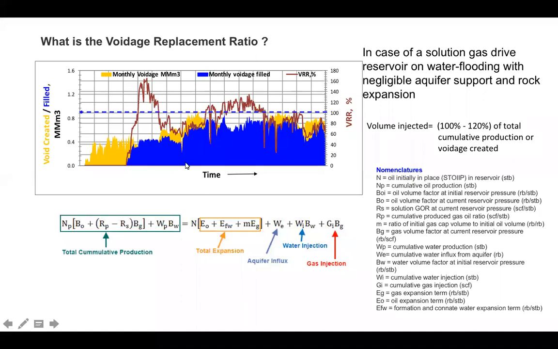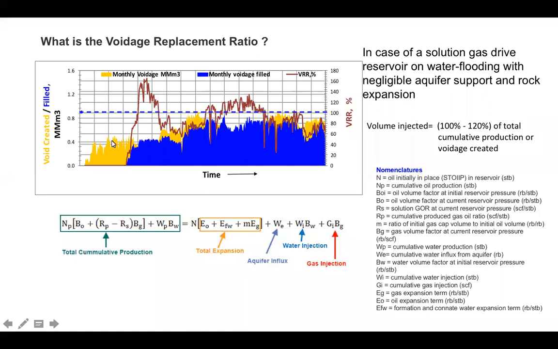So ideally for this kind of a reservoir, which doesn't have any aquifer influx or a gas cap, you're totally dependent on water flooding, and the volume of water that should be injected in this kind of reservoir should be between 100 to 120%. So we have terms like VRR, or voidage replacement ratio.